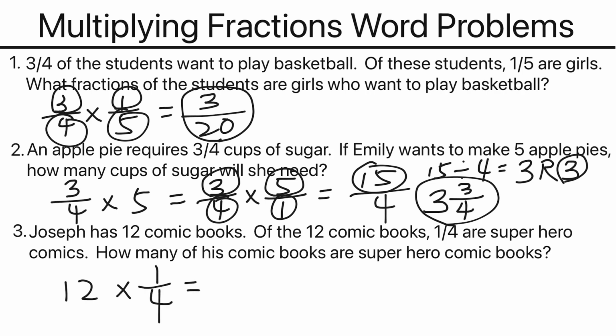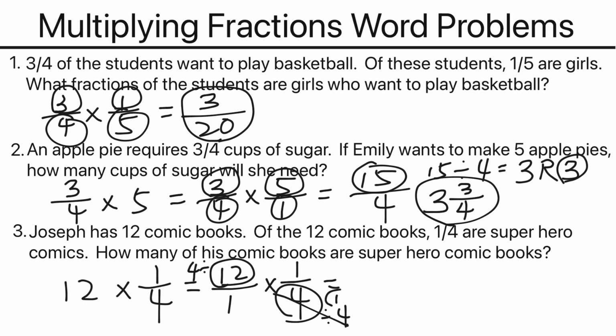And whenever we have a whole number that we're converting to a fraction, we add a 1 underneath the whole number, just like before. Then we're going to multiply by 1/4. And by looking at this, we can also see that we could simplify before we multiply, as the 12 and the 4 can both be divided by 4.